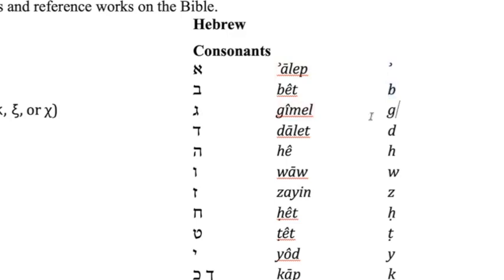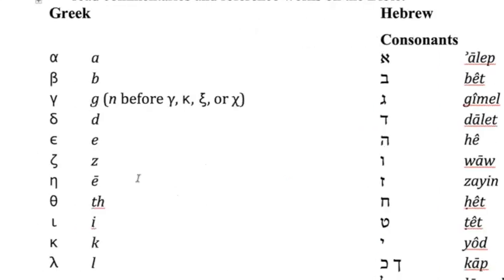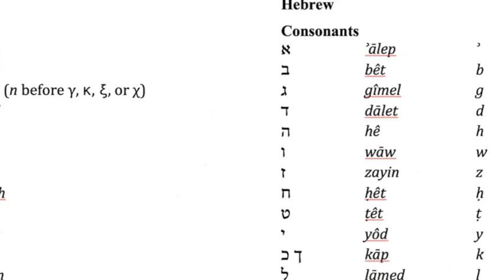Gimel, a G sound, just like over here in the Greek. So straight across, very similar. It just looks different. Looks kind of like a man leaning back. Dalet, that's a D sound.